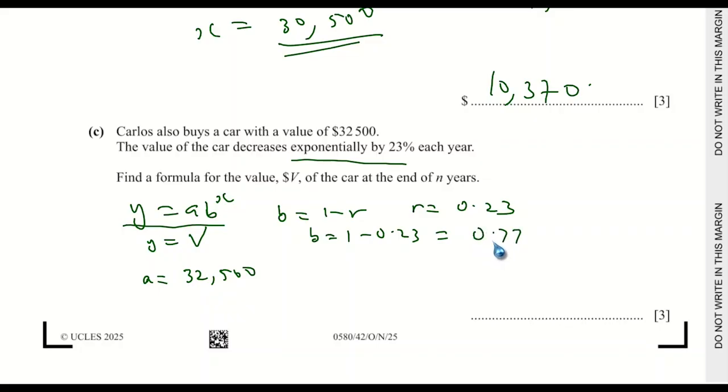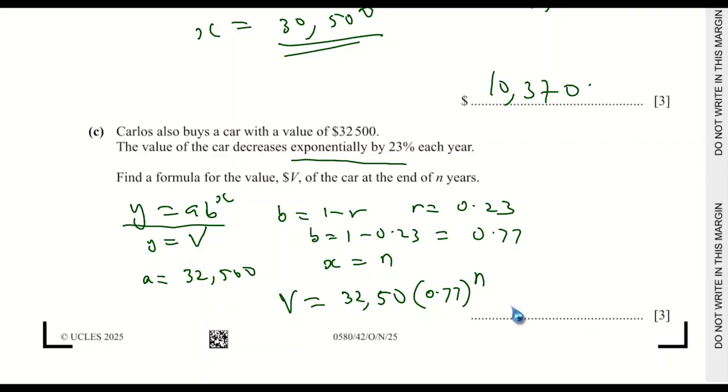Then x is the time, which is equal to n according to this question. So the new value, V, equals a, which is 32,500, times the value of b, which is 0.77, to the power of n.